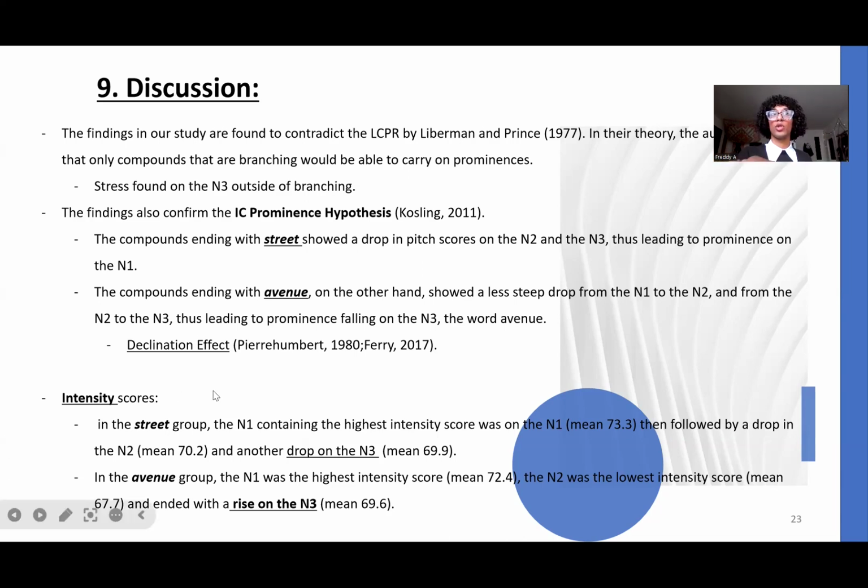The study also shows, in relation to Kösling's study, which is tri-constituent compound research, that the words street and avenue were different in her study and were also found to be different in our study, but mostly in relation to intensity, where the word street showed an intensity score that's less than the word avenue.